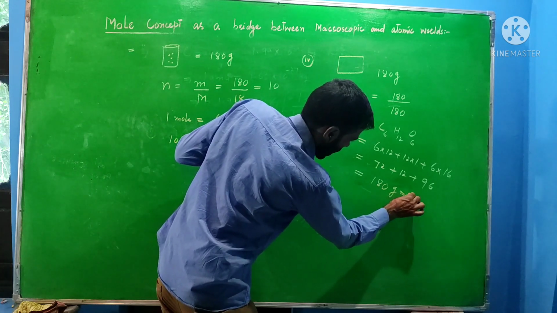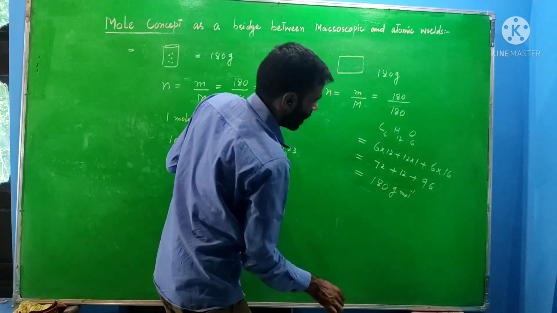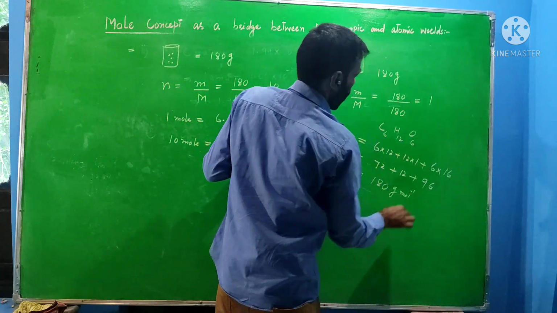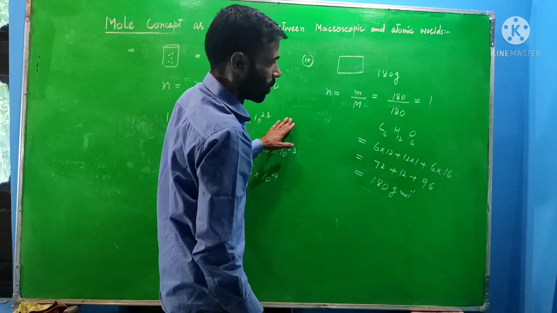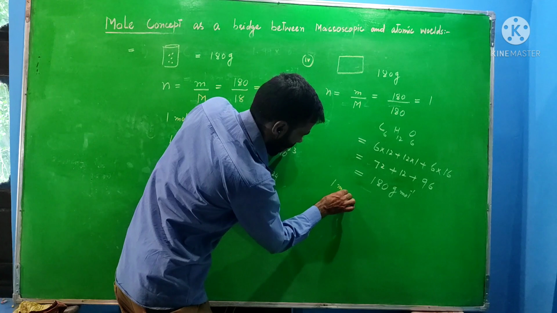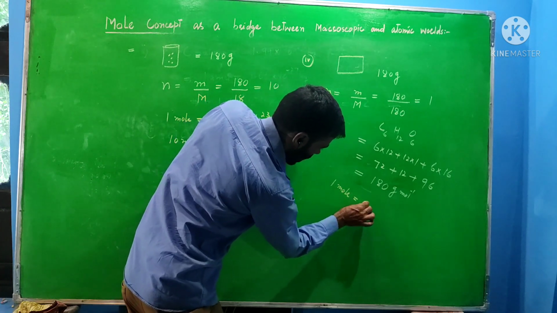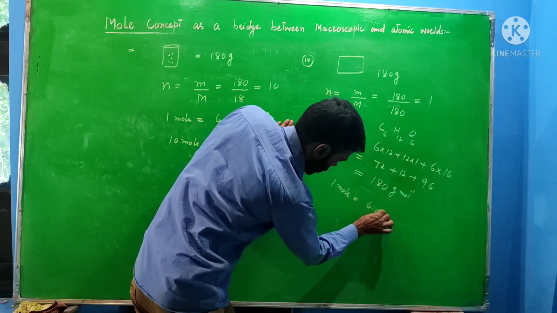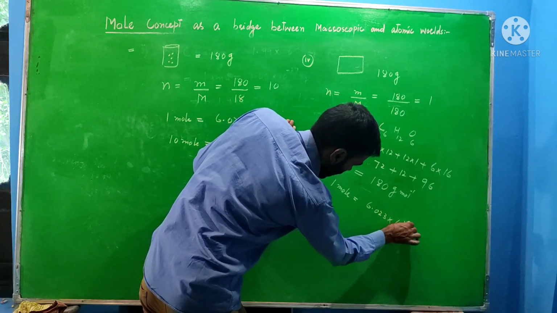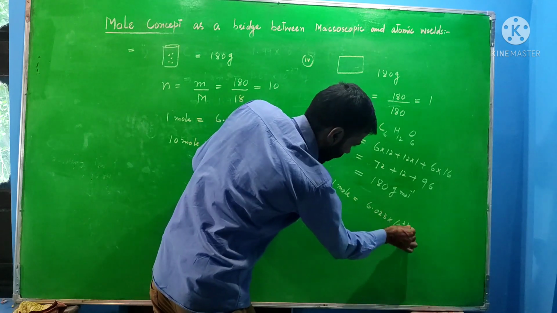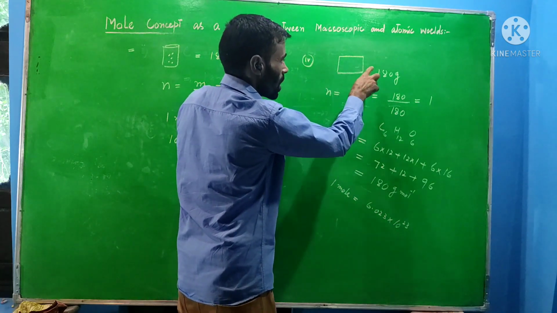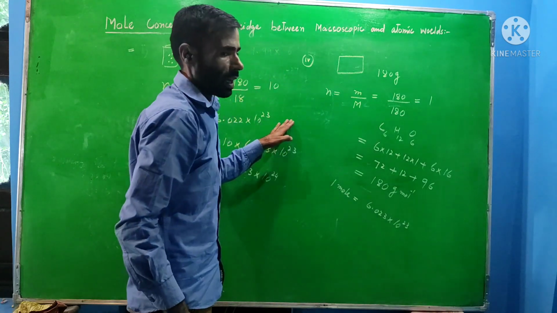That means glucose has molar mass 180 gram per mole. So the number of moles within a pack of 180 gram of glucose is equal to 1. After that, we know 1 mole has number of molecules equal to 6.023 into 10 raised to power 23. That means such a number of molecules of glucose are present within a pack of glucose whose mass is 180 gram.